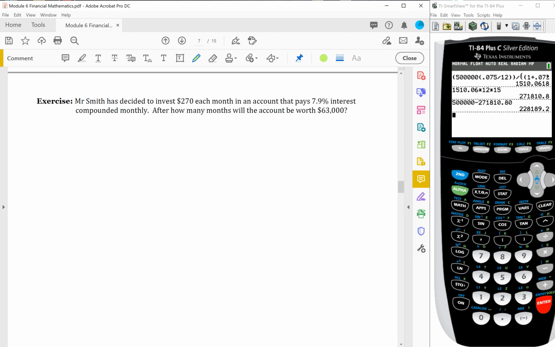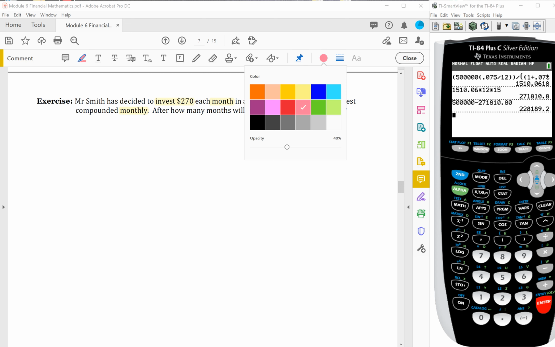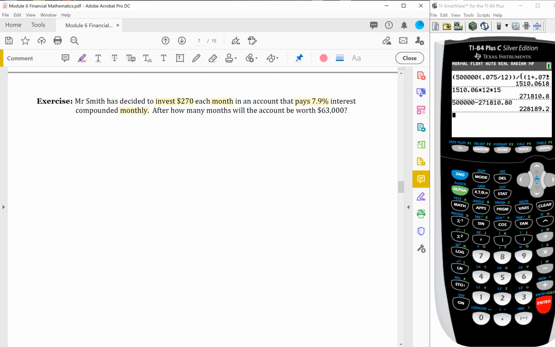Okay, let's look at another example. Mr. Smith has decided to invest $270 each month in an account that pays 7.9% interest, compounded monthly. After how many months will the account be worth $63,000?